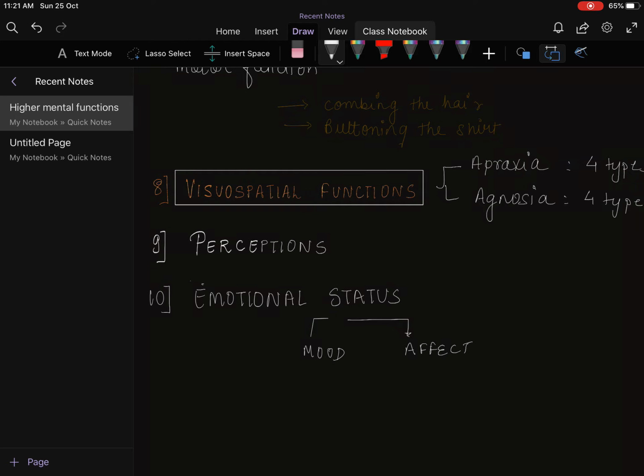So you can say that mood is what a person feels and affect is what you feel about the person. A person can be cheerful from the outside, but really sad from the inside. So this is mood, and affect is what he shows to others.